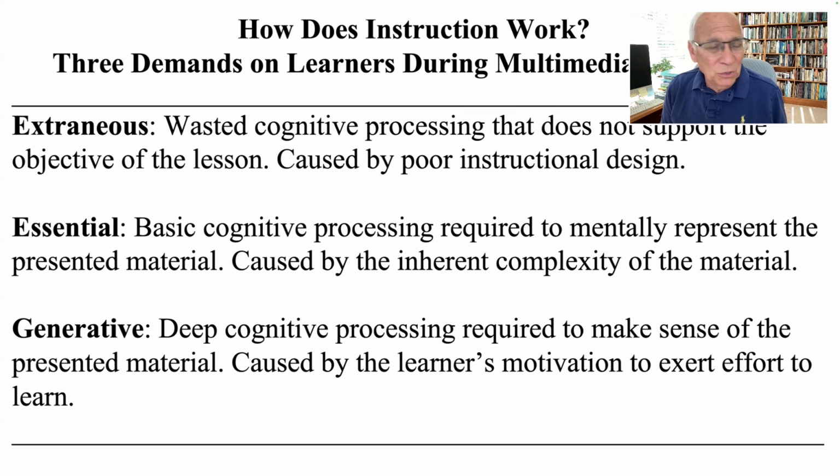That can be caused by poor instructional design that we're all familiar with. Essential processing, this is cognitive processing aimed at mentally representing the material, and this depends on the complexity of the material. And lastly, generative processing. This is our attempt to make sense of the material, and it's really caused by the learner's motivation to exert effort.